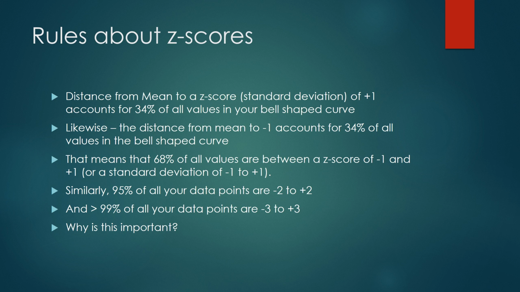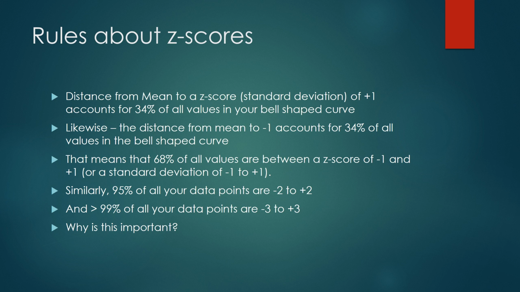First things first, it can tell us how many scores or how many values we're actually dealing with in a particular section of the bell-shaped curve or the normal distribution. As an example, the distance from the mean to a z-score or a standard deviation of +1 accounts for 34% of all of the values that you have in your normal distribution or your bell-shaped curve.